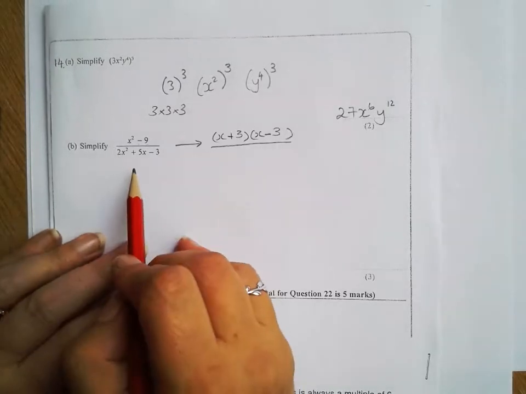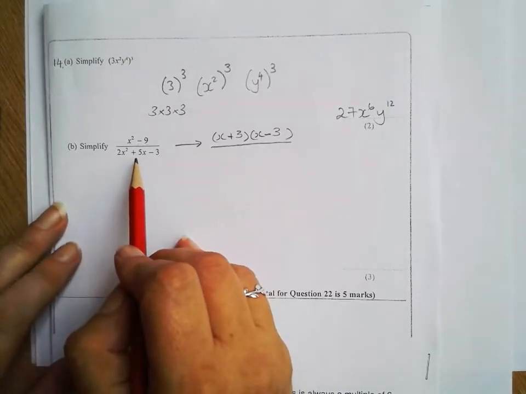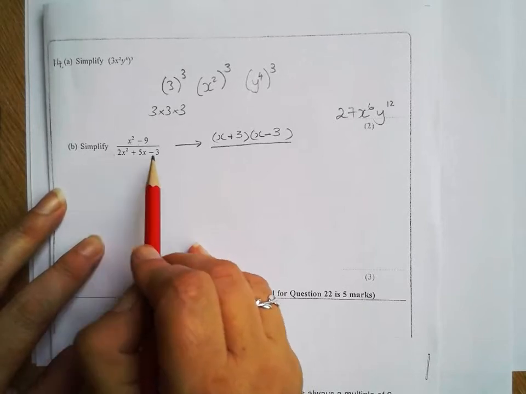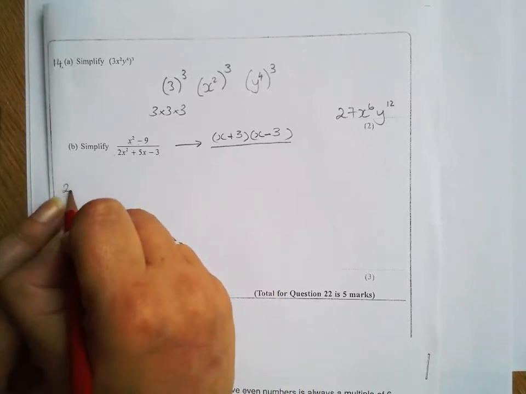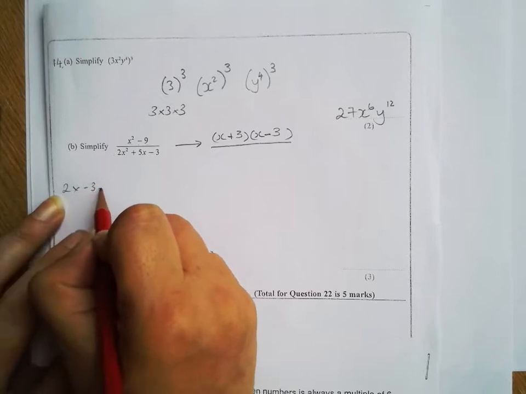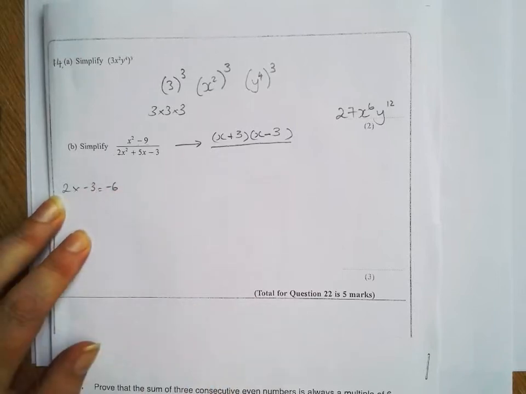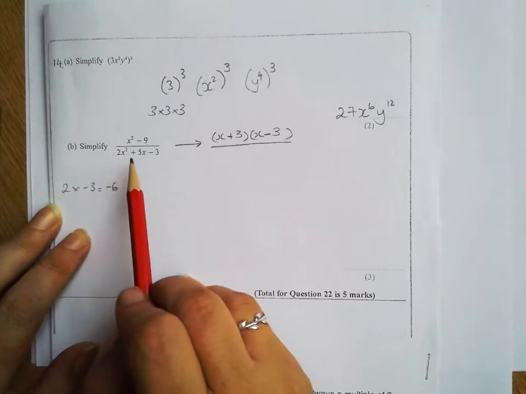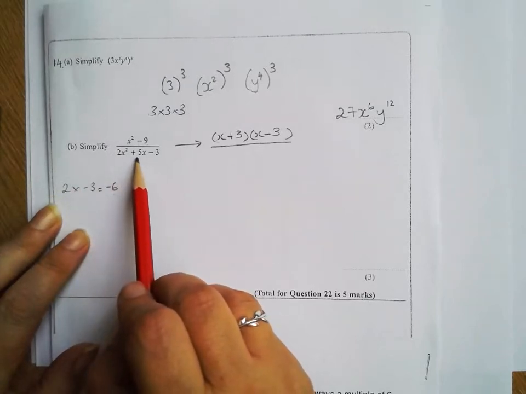The bottom part isn't quite as easy because it's a squiggles one. So I'm going to start off by multiplying the outsides. So I do 2 times minus 3, which is minus 6. And then I look for numbers that multiply to make minus 6 and add to make 5.